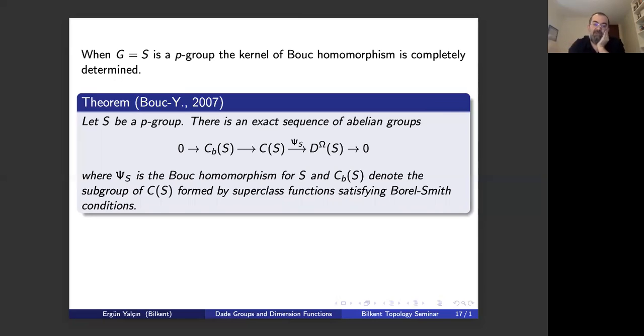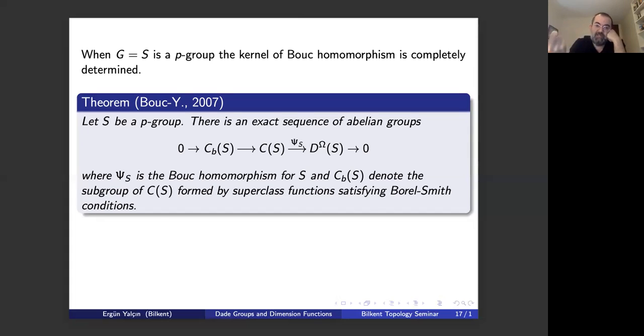When you have a group action on a mod P homology sphere, for all P subgroups, the fixed point set is still a mod P homology sphere, but the dimension goes down, to a smaller dimension. So if you record these dimensions on P subgroups, they're obviously equal on conjugate subgroups. So they give you a class function, a superclass function.